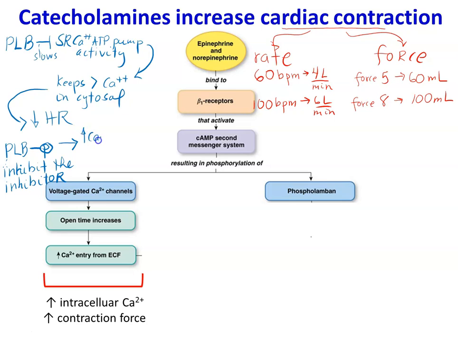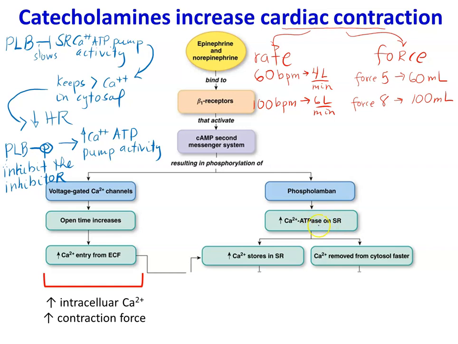Okay? So I have increased calcium ATP pump activity. And if you increase the calcium ATP pump activity, they're going to be able to quickly sequester or suck up calcium back into storage.